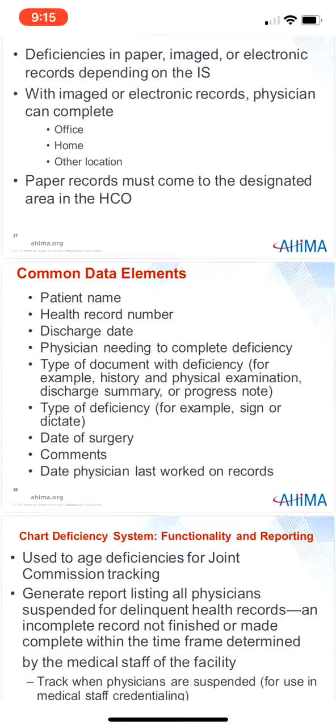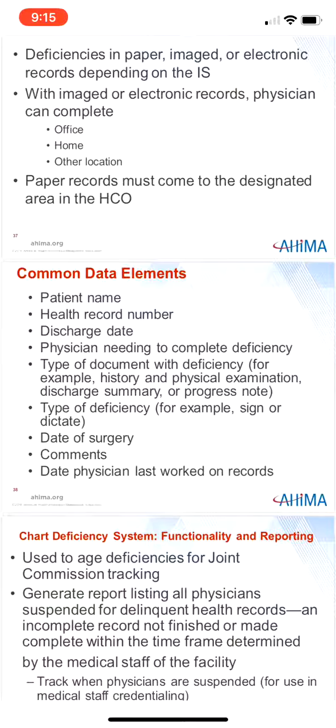The chart deficiency system will identify the incomplete records by physician so that the physician can be notified for completion. The following data elements are common: patient name, health record number, discharge date, physician needing to complete the deficiency, the type of document with the deficiency, the type of deficiency, the date of surgery, comments, and the date the physician last worked on records.